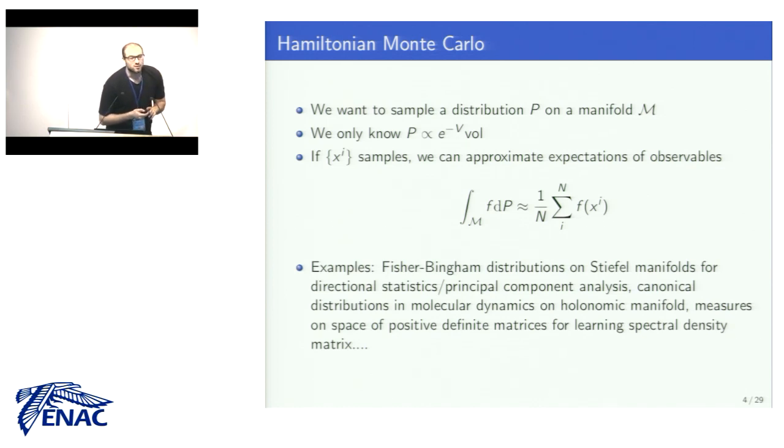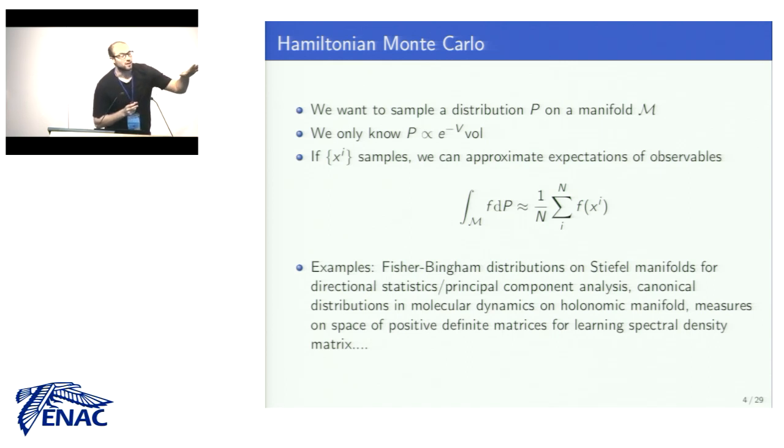We've seen many examples of manifolds which arise a lot in application. Some of the applications include the Fisher-Bingham family of distributions, Stiefel manifolds, which are particular directional statistics. In molecular dynamics, you have the partition function, in which the manifold of interest is defined by holonomic constraints, because you're going to fix some of the degrees of freedom, the bond angle and the bond length of the flexible molecule.